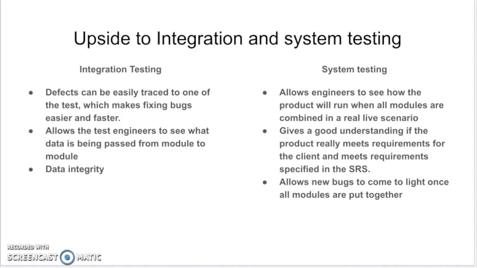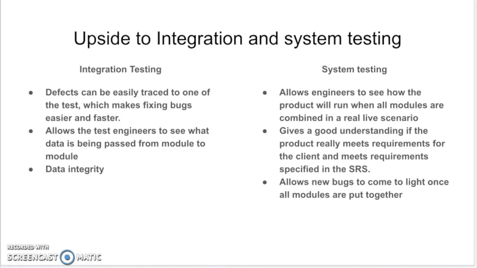This helps give a good understanding if the product is meeting requirements for the client. And it allows an ability to check to see if everything is up to date and meeting requirements with the software spec.